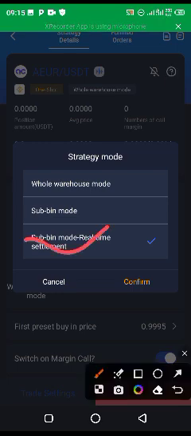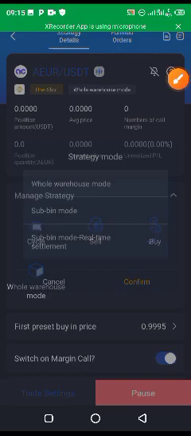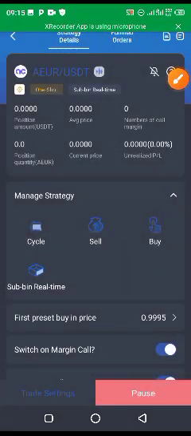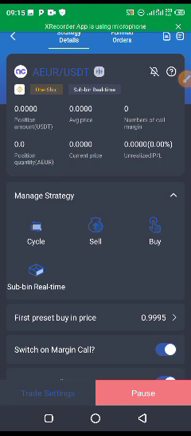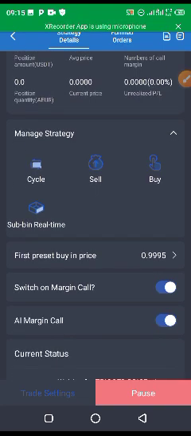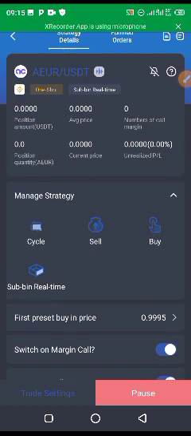This third one is the best. And confirm. Okay, now your coin will remain pending until the price reaches this preset price, and once it reaches the preset price, it will buy.